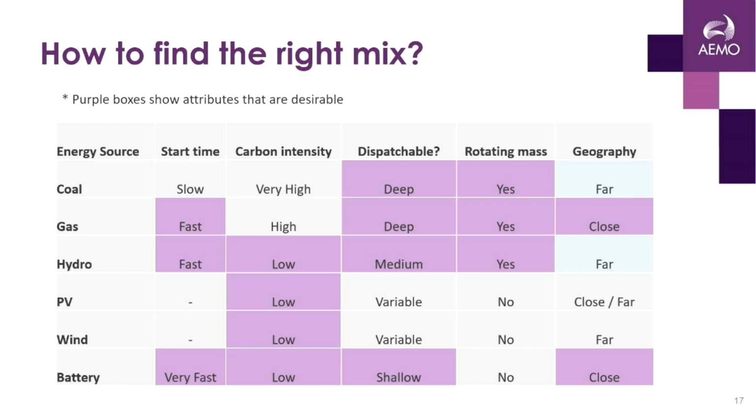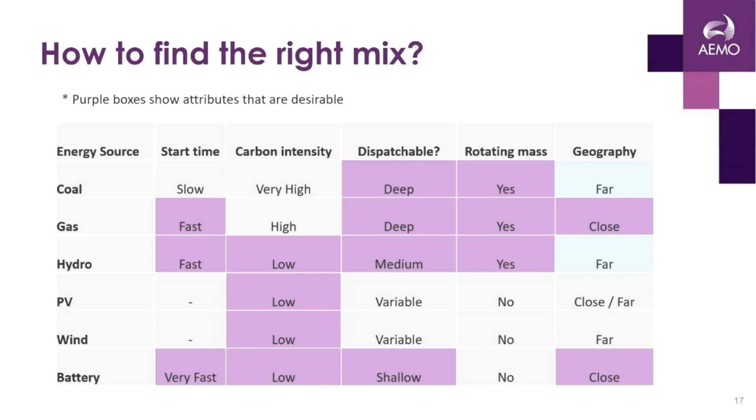How do we get the generation mix right? This table shows some fuel sources or some energy sources we have access to on the left-hand column. And it shows some characteristics that a generator with those energy sources bring to the grid across the top. Coal, for example, has a very slow start-up time.